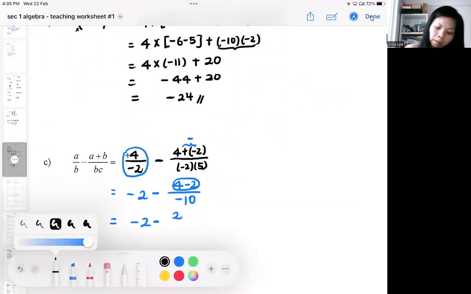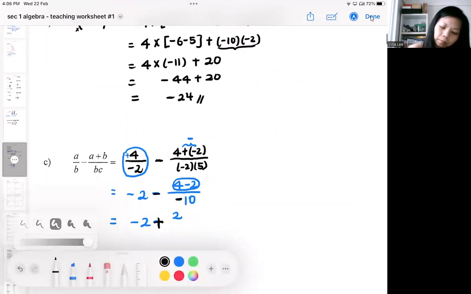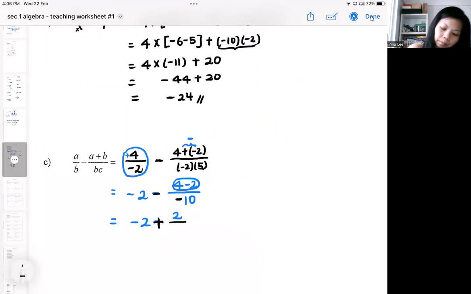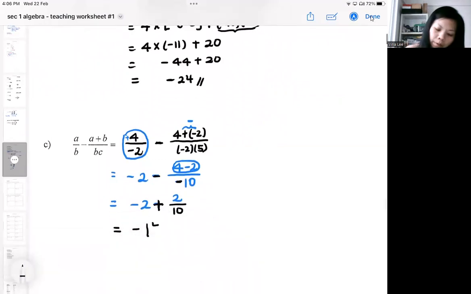And if you see that there is a negative, you can make it into a plus. Then you can just punch the calculator. You will get minus 1 and, sorry, minus 2 plus 2 over 10. You will get minus 1 and 4 over 5.